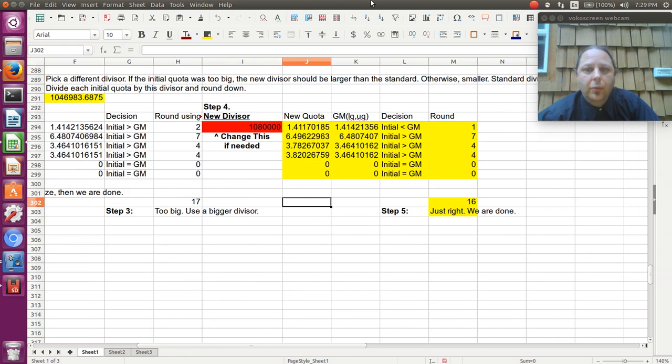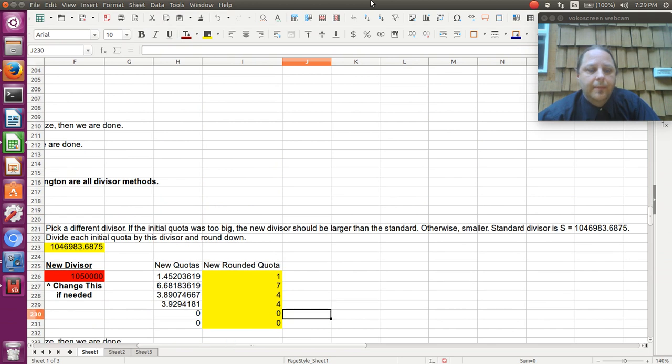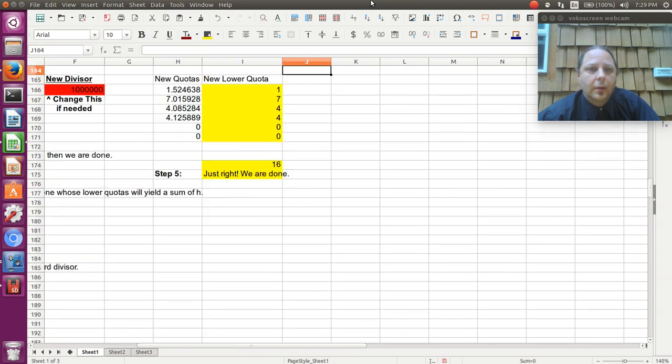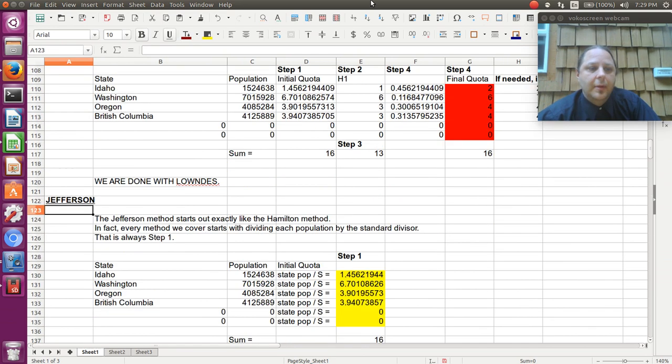You'll notice 1744 is the same allocation we got for the Webster method. So Webster and Hill-Huntington agree in this case.